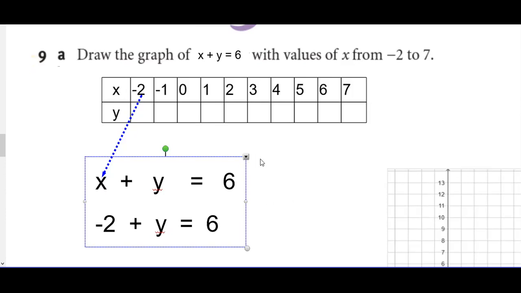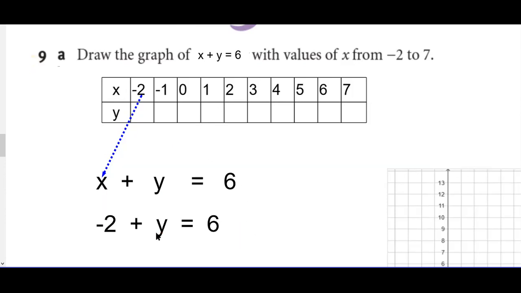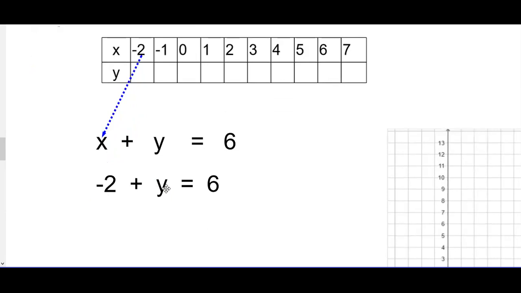Now, how do we find the value of y from this simple equation? You need to transfer this -2 to the right-hand side because you are looking for the value of y.